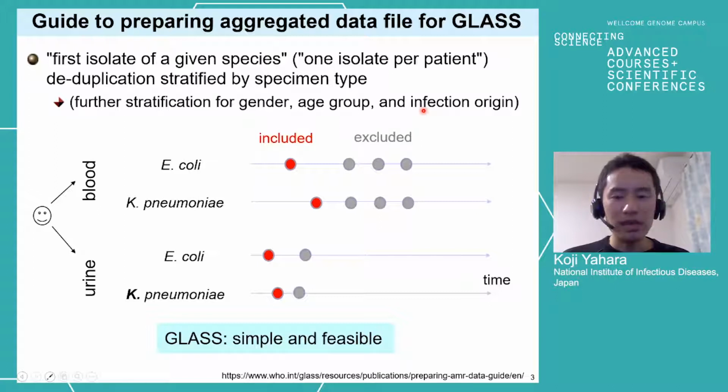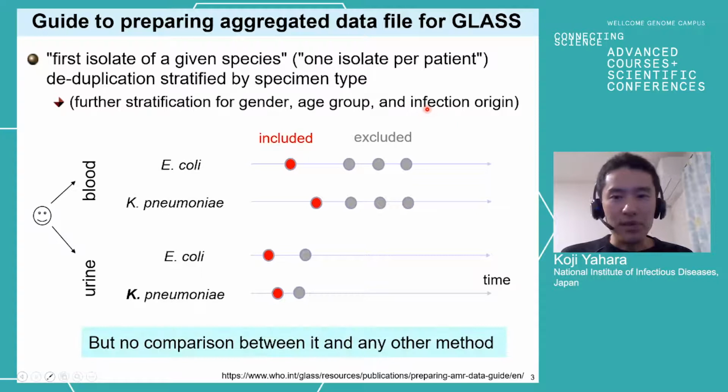However, no study has reported a comparison between the de-duplication method from the GLASS system and any other method. According to a previous study, differences in de-duplication methods can cause up to 10% difference in resistance rate. So the question is, how does the de-duplication method of GLASS compare to another more complicated method?